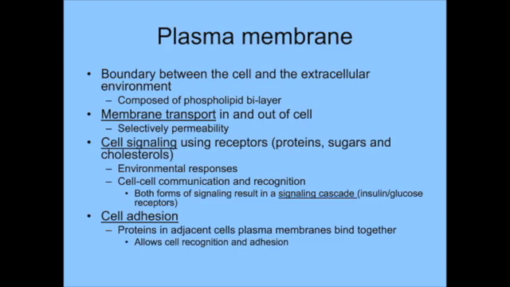Now in a phospholipid bilayer, the chains are facing each other, which causes the internal portion of the membrane to be nonpolar, and the outside, either side of the membrane, intracellular or extracellular, to be polar. That makes a phospholipid what we call an amphipathic molecule. It is polar in one region and nonpolar in the other.